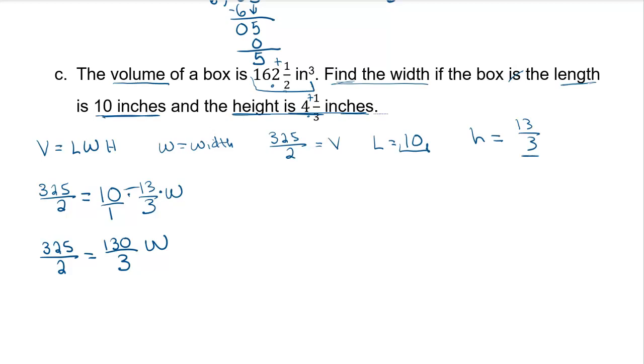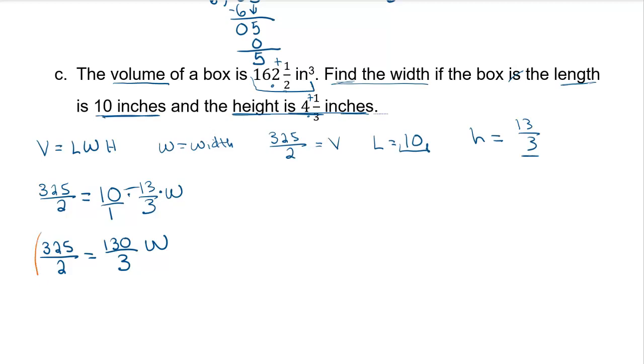So we've got two ways that we can get a variable separated from a fraction. I'm going to go ahead and do the multiply by the reciprocal strategy. So the reciprocal is the flipping of the fraction, and it's the fraction next to the variable that we have to work with because that's the one we're trying to get rid of.